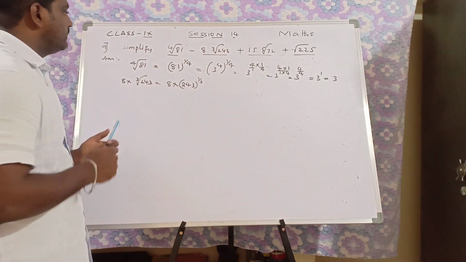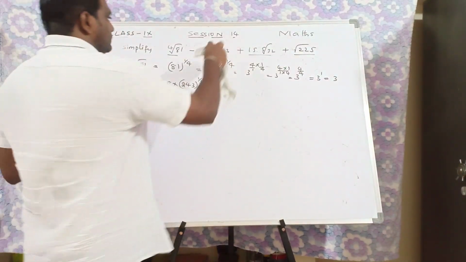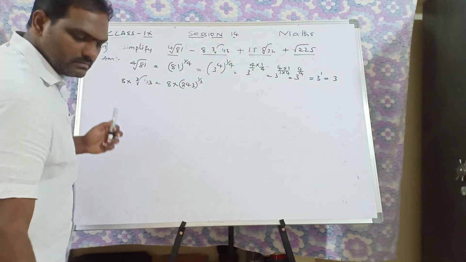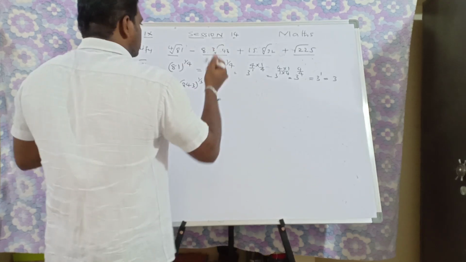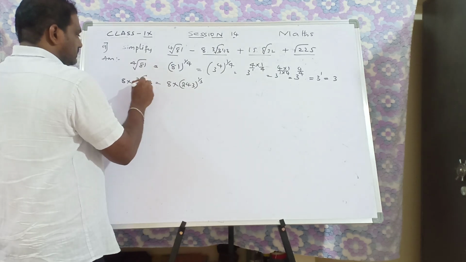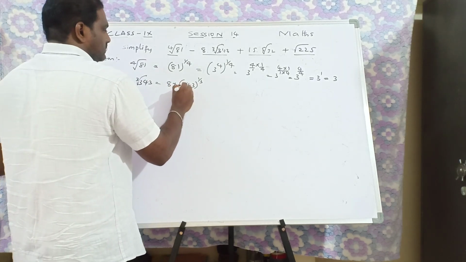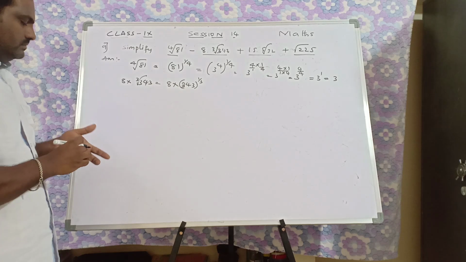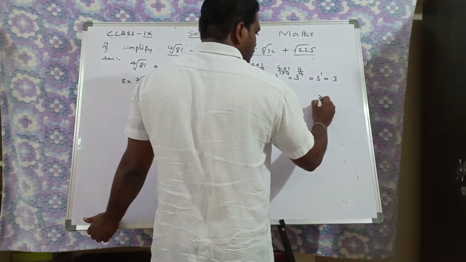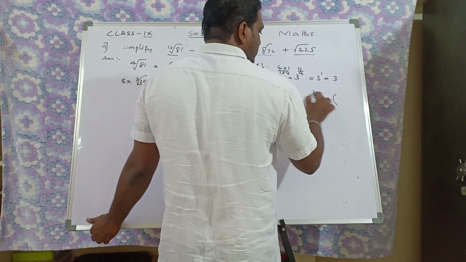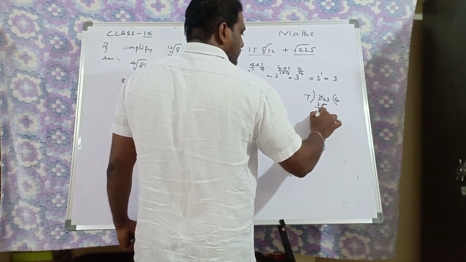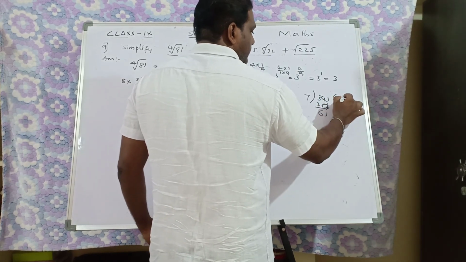Small correction, actually it is 343. Now 343 can be written as 7 into 49. 7 fours are 28, 7 nines are 63.